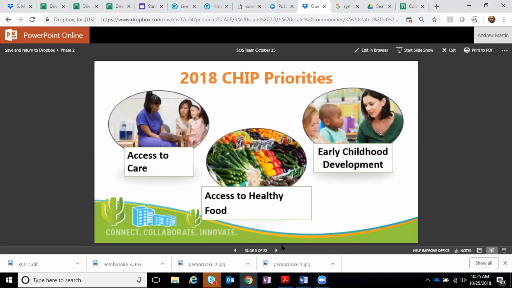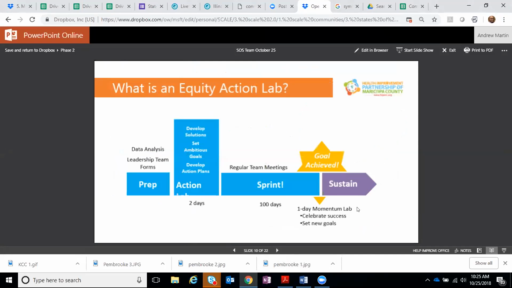But those are huge buckets. When you think about access to care, what are we even talking about? That's a huge bucket and includes so many different things. So we spent some time narrowing down and setting 5-year goals for our priorities. I'm not going to go over the details of them, but essentially for access to care, our 5-year goal is to get physicians and community-based organizations using a closed-loop referral system.